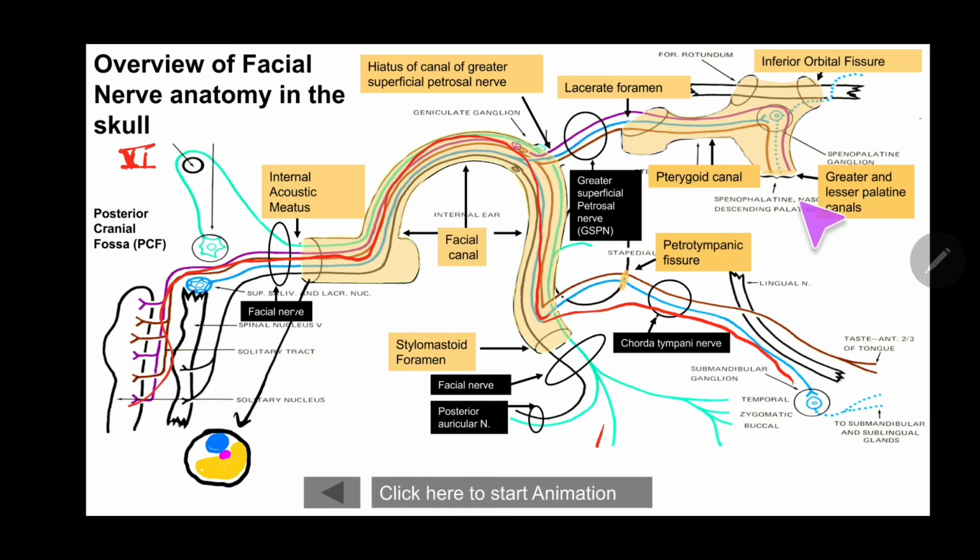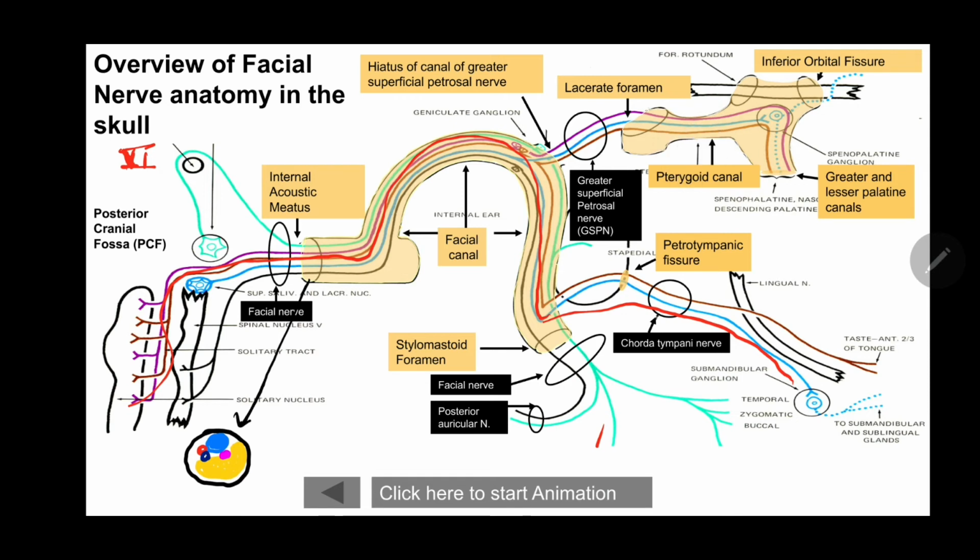And last but not the least, don't forget that the other structures running here are the labyrinthine artery and vein. They are also a content of this internal acoustic meatus.